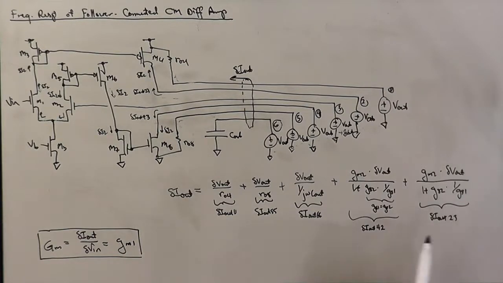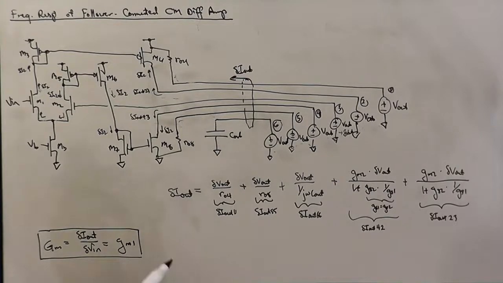And again, we're at this balance condition where GS2 and GS1 are the same, and so they cancel, and we have GM2 over 2. Notice that these are both GM2 over 2 times delta V out. So we can combine these two terms, and that'll just be GM2 times delta V out.